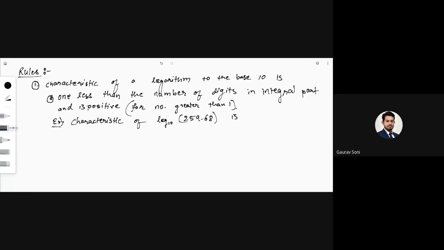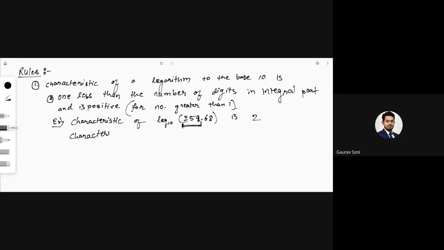What is the integral part? 259. This is before the decimal point, and this is called the integral part. How many digits are there? 3. What does the rule say? 1 less than the number of digits. So the characteristic is 3 minus 1, which is 2.